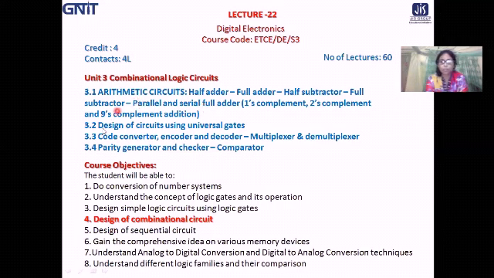Next, unit 3.2, which is a subunit of unit 3, combination logic circuit, is design of circuits using universal gates. Next is unit 3.3, code converters, encoders, decoders, multiplexers and demultiplexers. 3.4 is parity generator, checker and comparator.